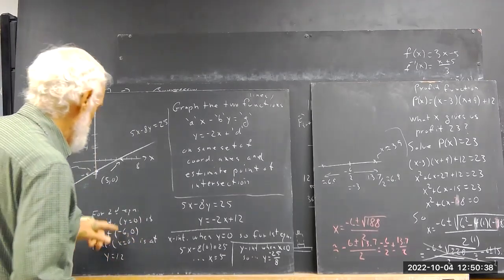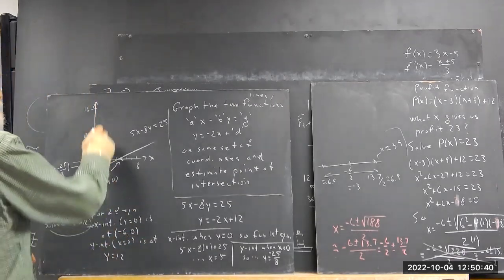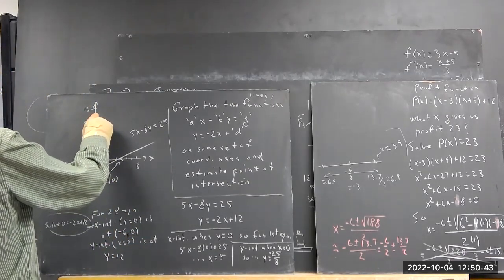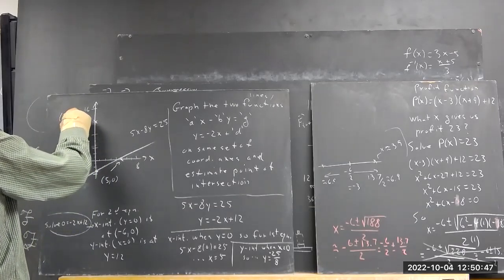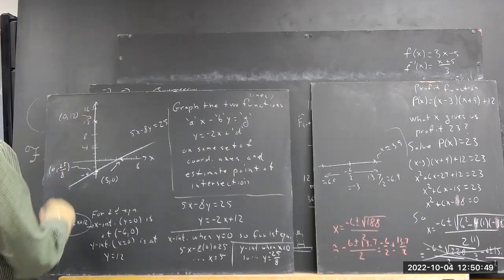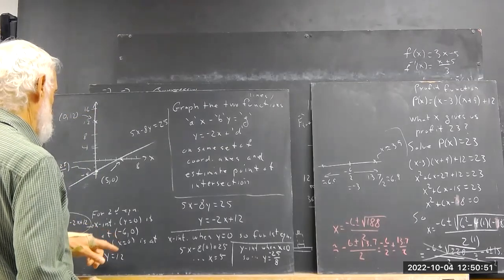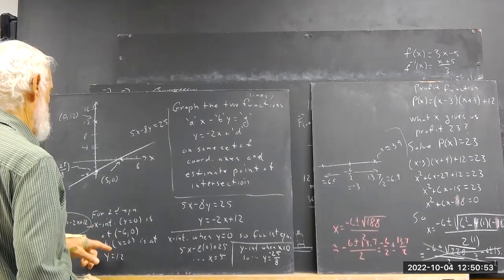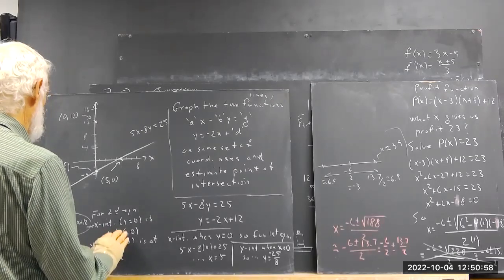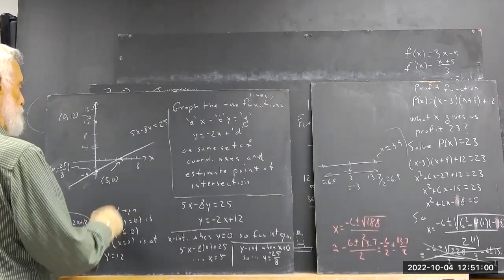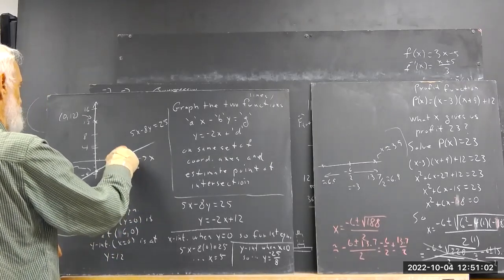And then the intercepts here, y is 12, well 12 goes about here. So the point 0, 12 is here. And then the point 6, 0, so it goes through the point here.